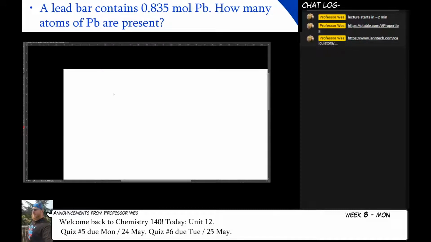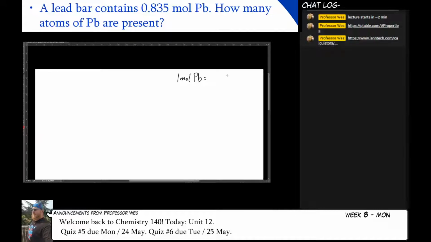All right, so again, we're still using the relationship that 1 mole of whatever, in this case lead, is Avogadro's number of atoms of lead. I have this many moles. So let's do the dimensional analysis.